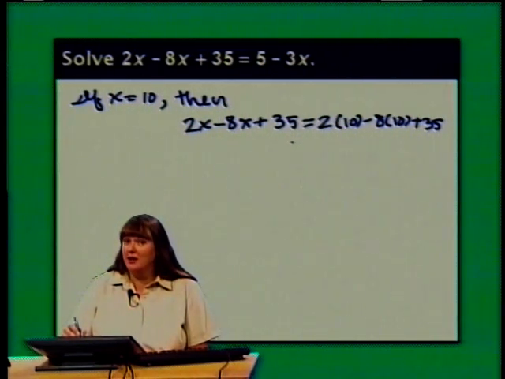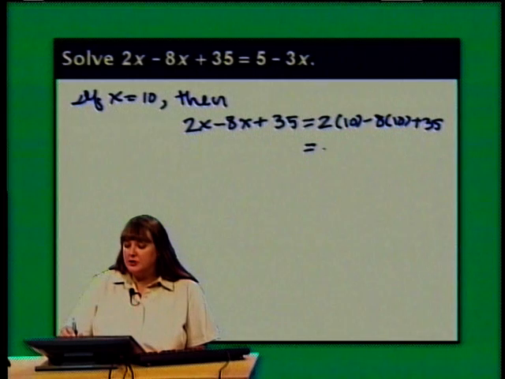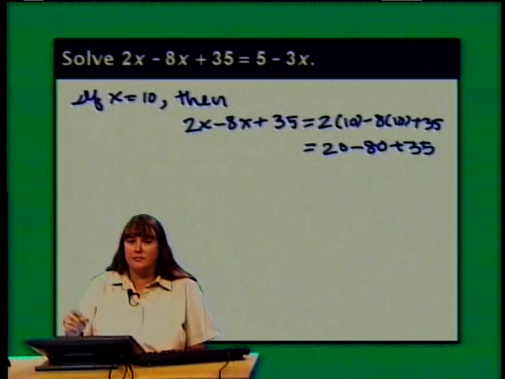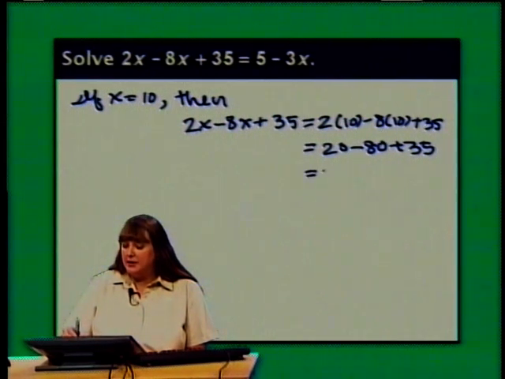I might have made an algebra error or an arithmetic error in my simplification. So 2 times 10 is 20, minus 8 times 10 is 80, plus 35. 20 minus 80 is negative 60. Negative 60 plus 35 is negative 25.